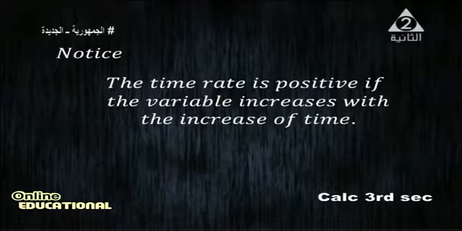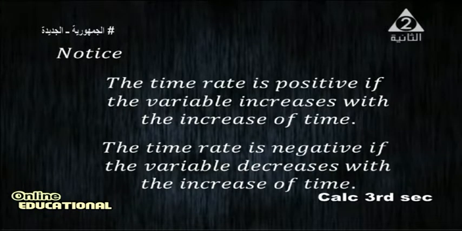Dear students, the time rate is positive if the variable increases with the increase of the time t, and the time rate is negative if the variable decreases with the increase of the time t.